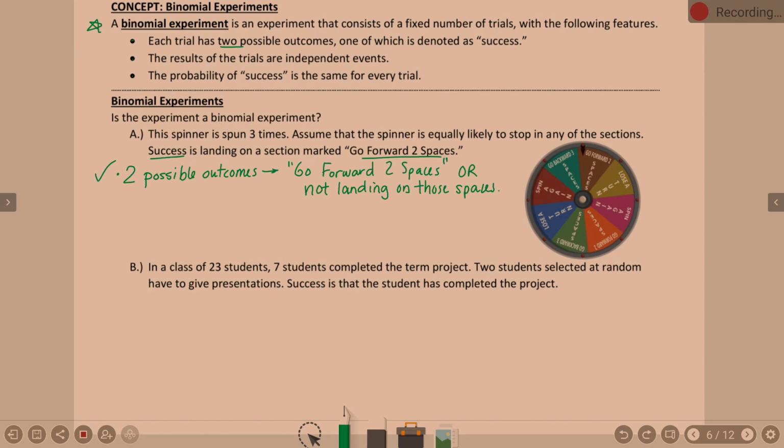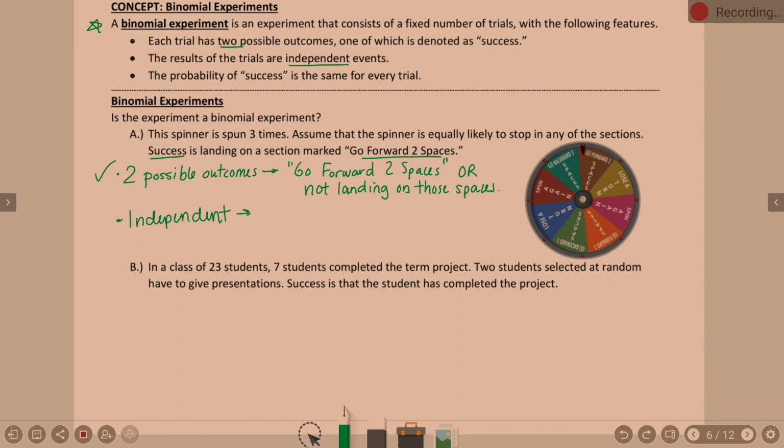The next question, are the results independent? Okay, are the results independent? What do you think? Yeah, because even if you land on it one time, the next time it's still the same. Does one spin of the spinner affect the next spin of the spinner?